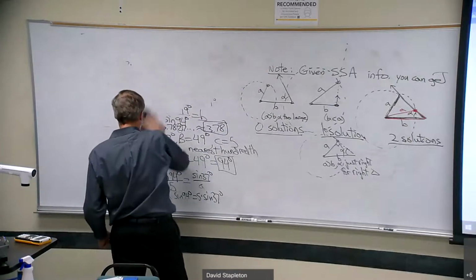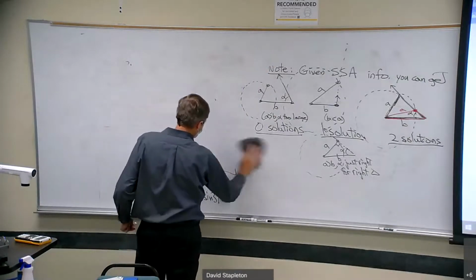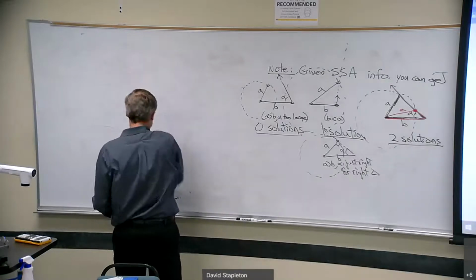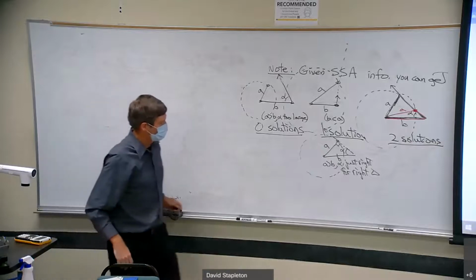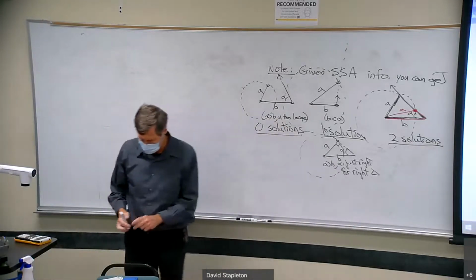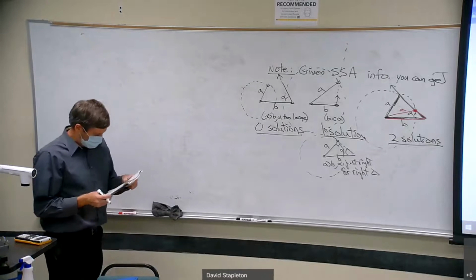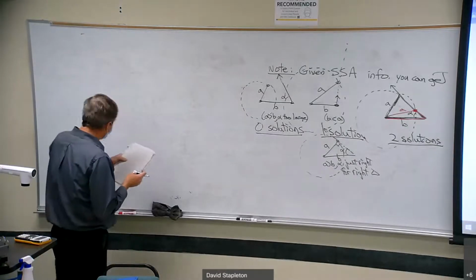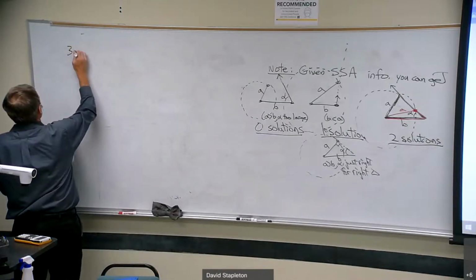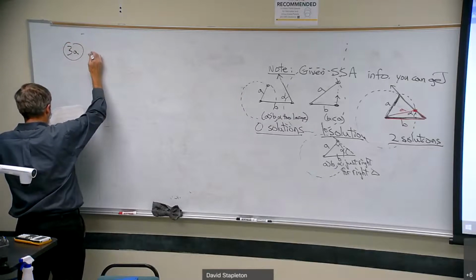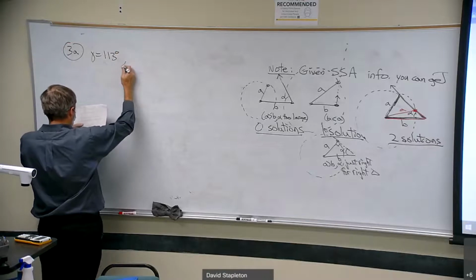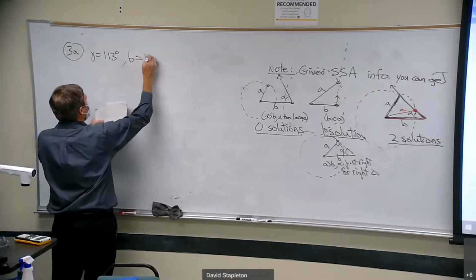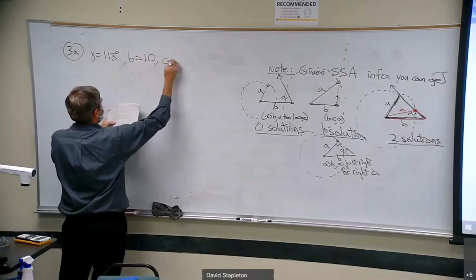Let's try doing some of those. This one we could try. This is number 3A. Suppose I had gamma is 113 degrees, B is 10, C is 32.